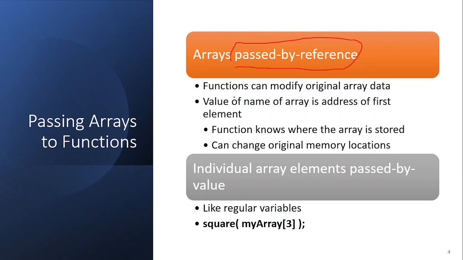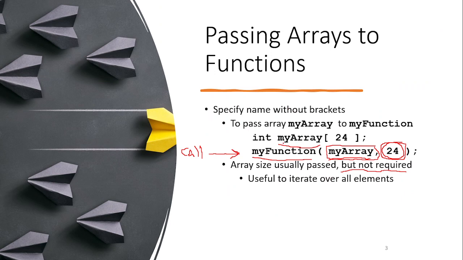It is much more efficient, but it has another consequence, and that consequence is that when you pass something by reference to a function, then you give that function the ability to change that value. So for example, in this example, we are passing this array my array to this function.